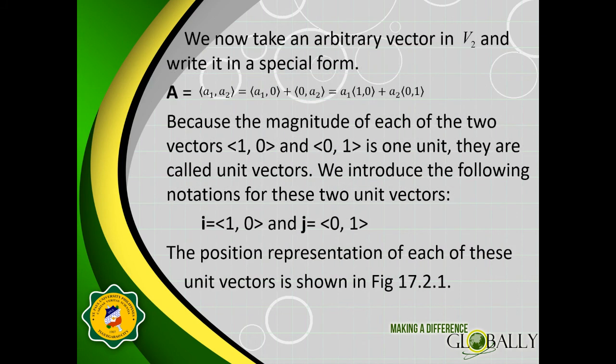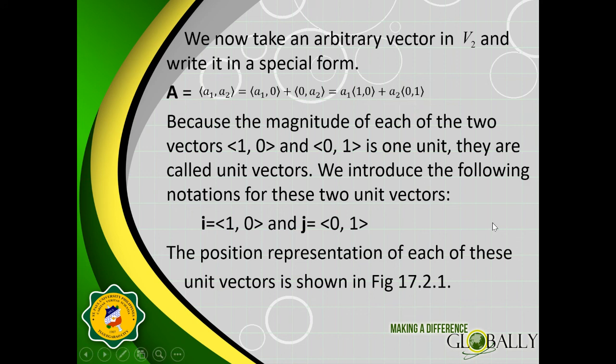We now take an arbitrary vector in V2 and write it in a special form. A equals A1(1, 0) plus A2(0, 1).